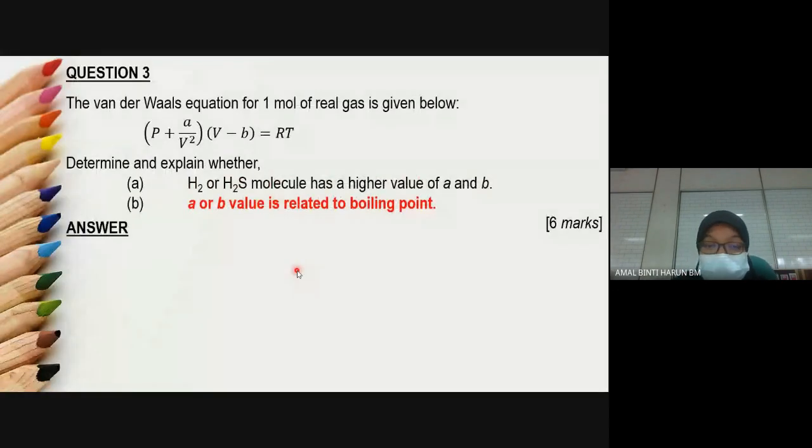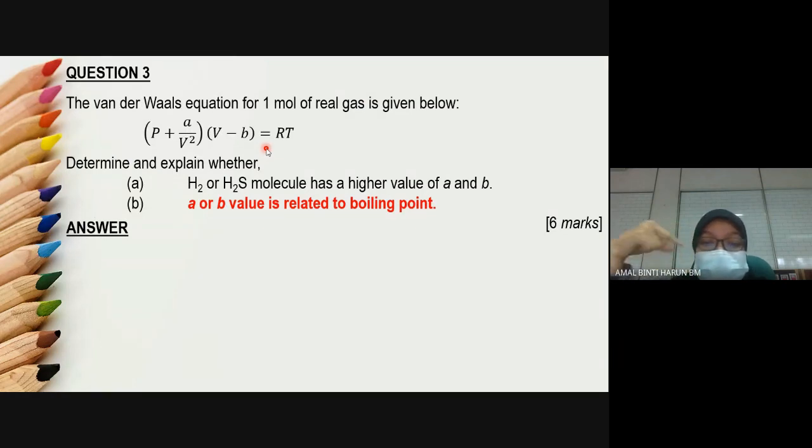Okay, so I want to conclude and simplify. This one is the correction for the intermolecular forces. This one is for volume. So remember for PV and for the ideal gas, we are neglecting the volume and intermolecular forces.